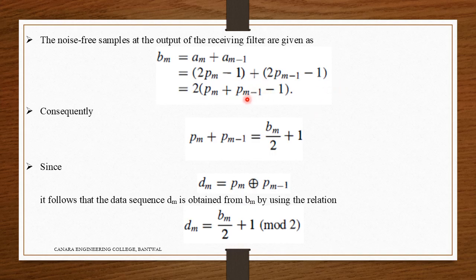When you simplify this, we get 2(p(m) + p(m-1)) - 2. Consequently, p(m) + p(m-1) = b(m)/2 + 1. Since d(m) is the modulo-2 addition of p(m) and p(m-1), the data sequence d(m) is obtained from b(m) using d(m) = b(m)/2 + 1, mod 2.